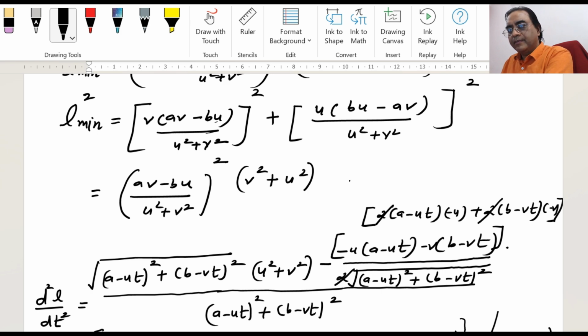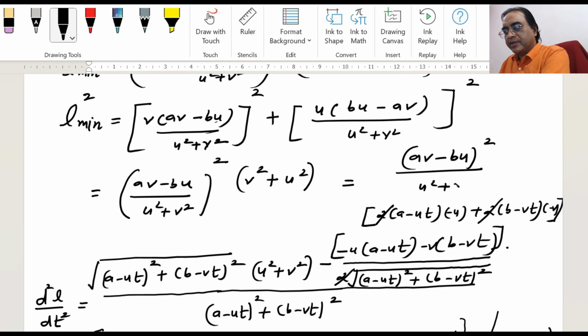So this would simplify to (av minus bu) square divided by (u square plus v square).